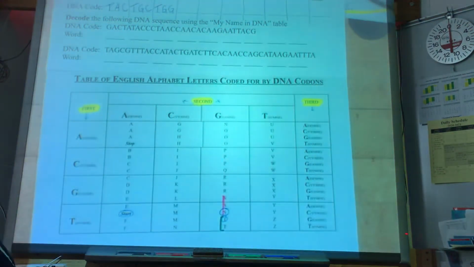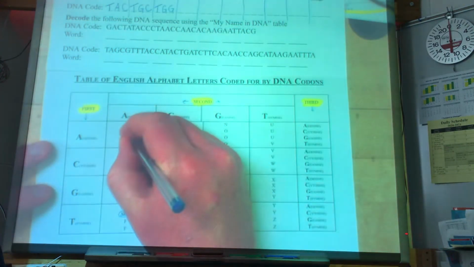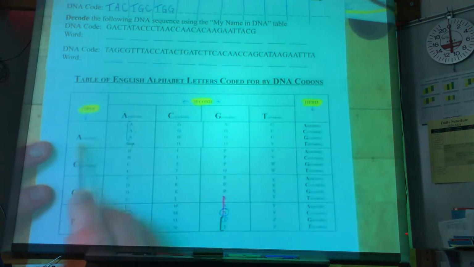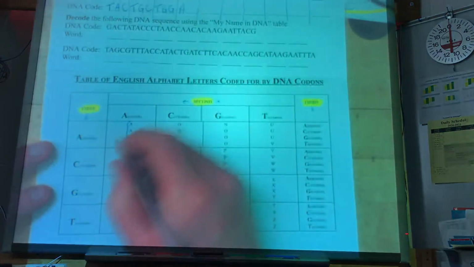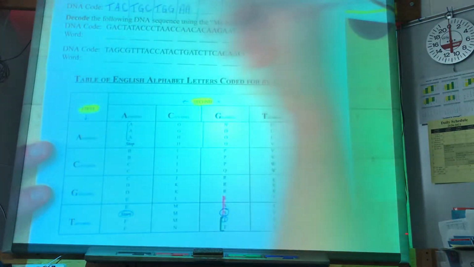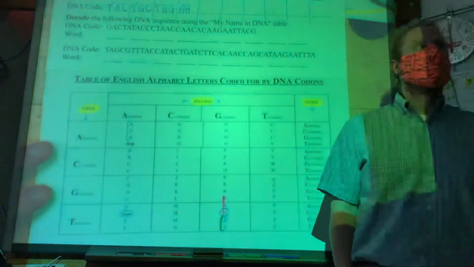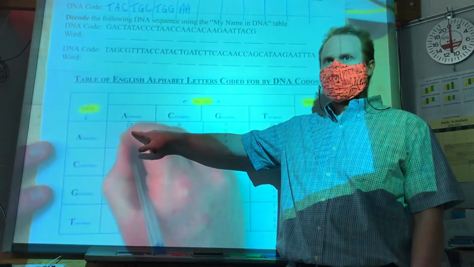This just takes a little practice getting used to, but once you get the hang of it, it's not too bad. How many different A's are there? 3. Because of the way they fall, the first letter of any of the three A's is going to be an A, and the second letter of any of them is going to be an A. Now, there are three different options, so top, middle, or bottom, which one do we want? Middle. So if we are coding for that middle one, could you code for the top one?